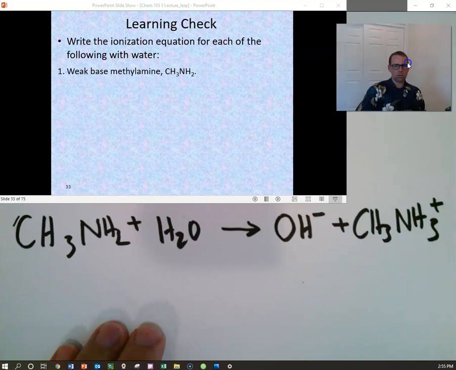So can you see how this chemical, CH3NH2, took a hydrogen from the water molecule and put it on the nitrogen there? So now I have CH3NH3 with a positive charge. So weak bases take protons from water, take hydrogen ions from water, and make the hydroxide ion.